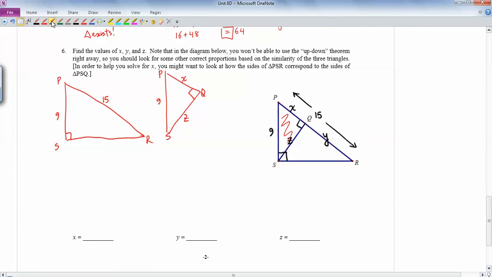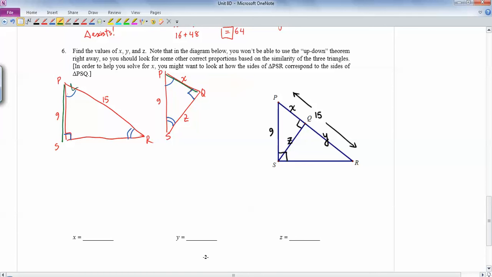One other thing I can definitely match up is that the angle P's are the same exact angle right here. So that's reflexive, and since the right angles already match up, the third angles have to match up too. So if I wanted to match up sides now, the 9 in the big triangle is between the one curve and the right angle, so that goes with x.